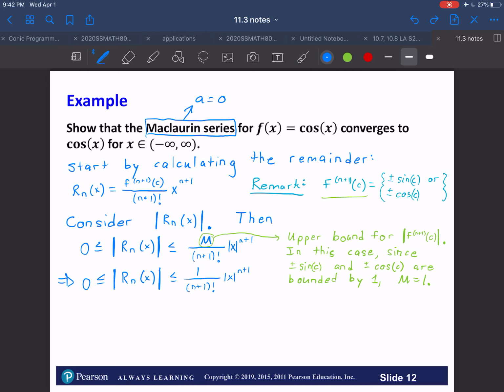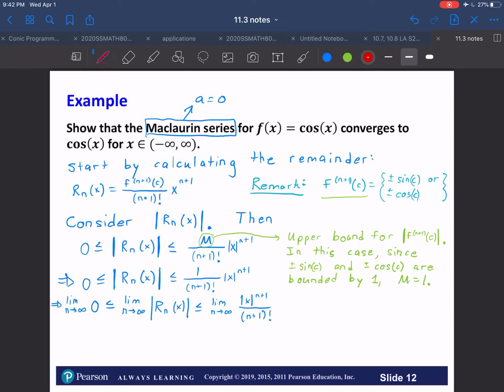If we take the limit of every side as n goes to infinity, then every side will go to 0.